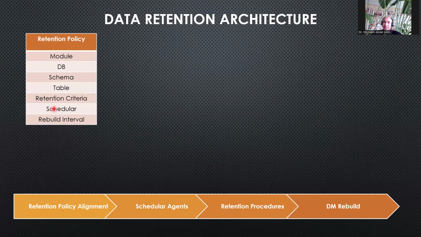So each module will define a schema. Within this generic schema, for example, the purchase order module, the overall solution, this retention policy is for the e-commerce solution. And here the module for the purchase order, I will define the database, define the schema, define the table, define the retention criteria, the SQL that will be used for retention, and the attached scheduler, and finally the rebuild interval.